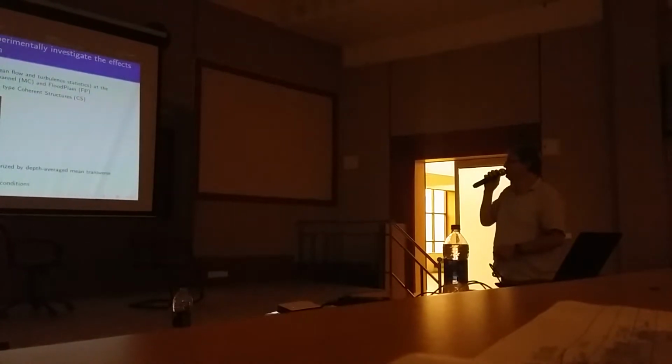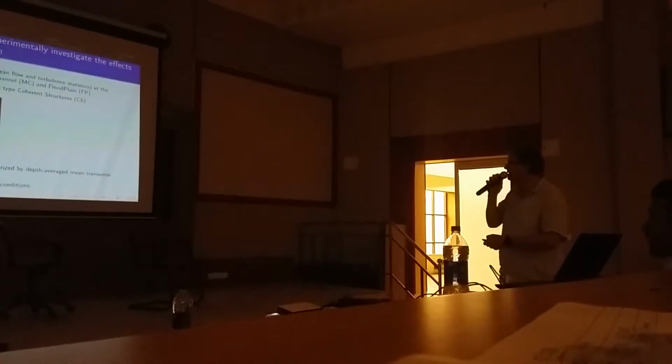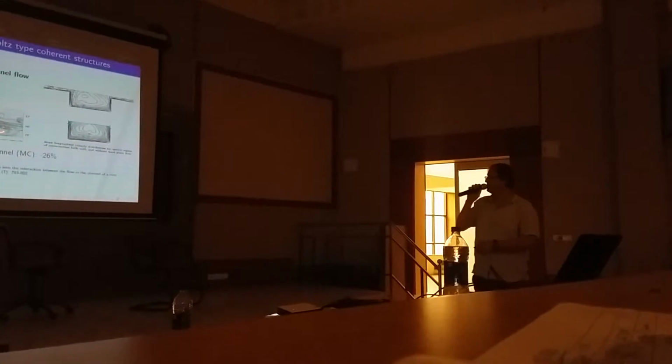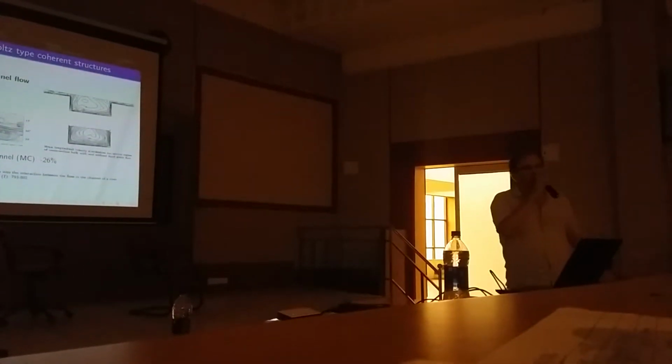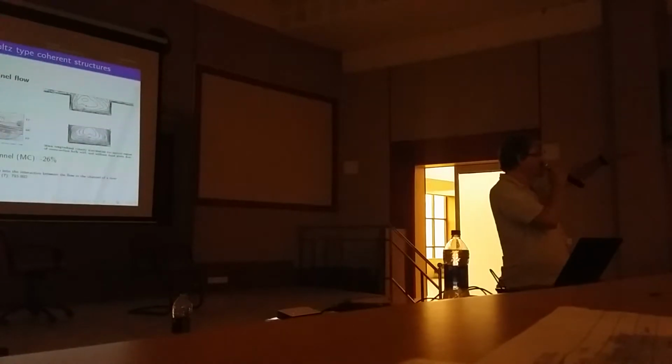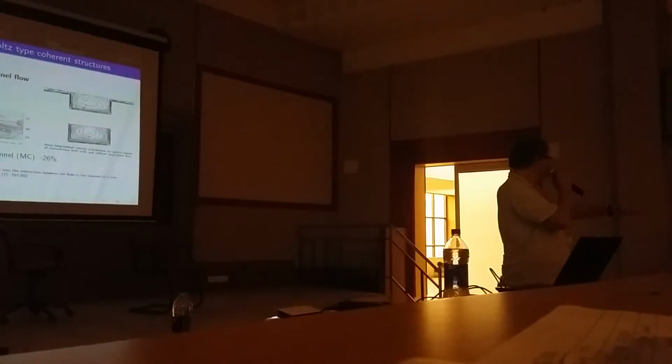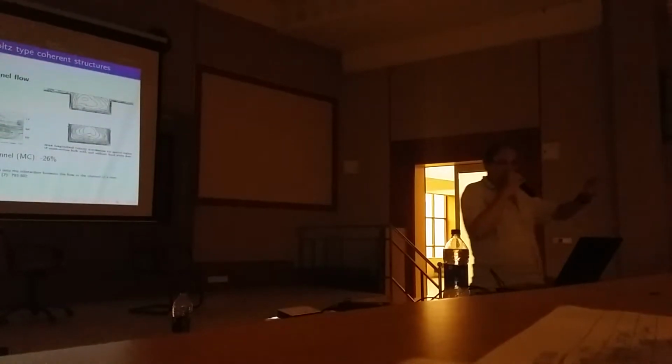Why is it quasi 2D? Okay. Here, if you look at this picture, you say, oh, it looks like a 2D structure. But you have a water surface and you have a bottom. So it is not invariant in the vertical direction. You have an influence of the bottom, and it is shallow, okay?